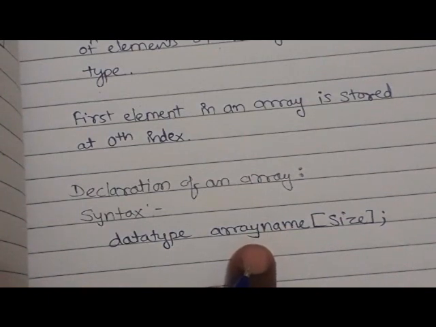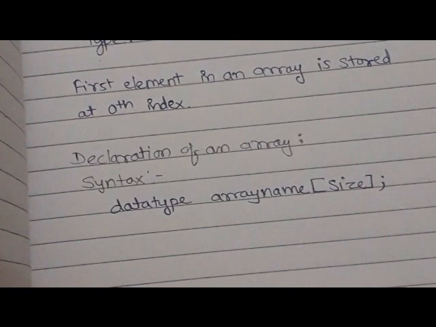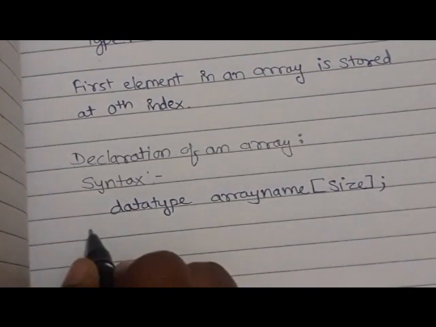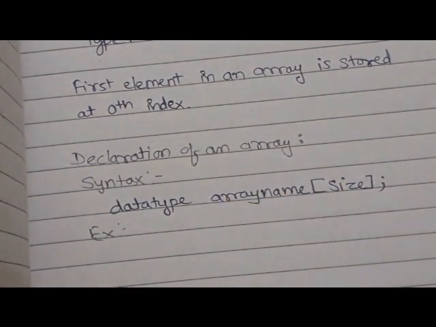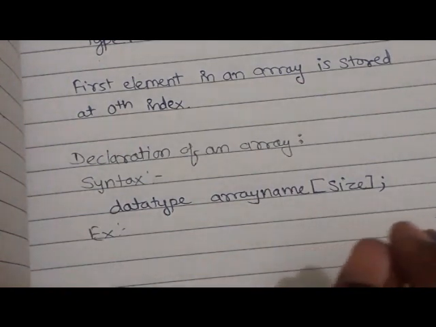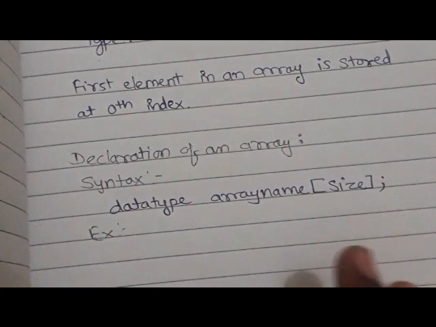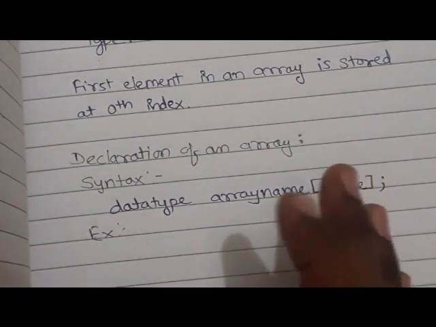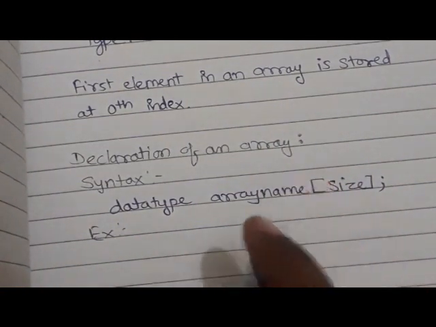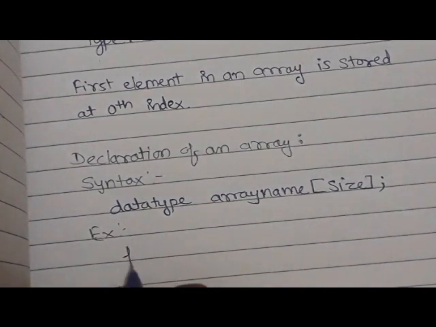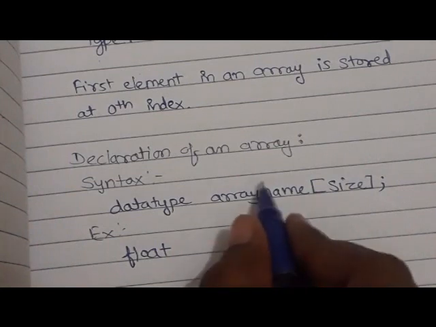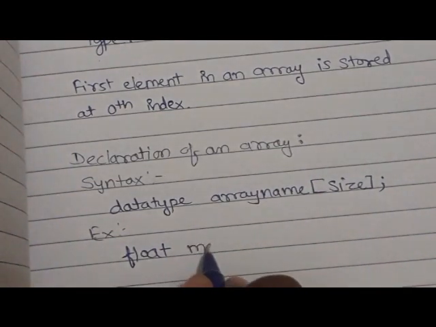Now we will see an example for an array. We consider that we have to declare a 50 element array of marks, and these marks are of float data type. So the data type is float, and the array name is marks.